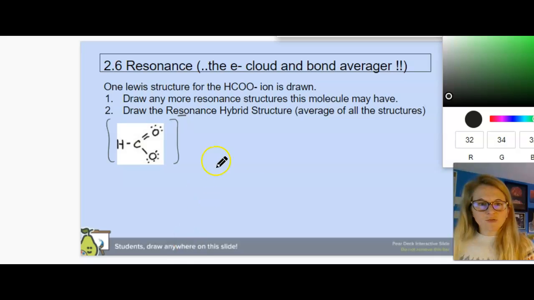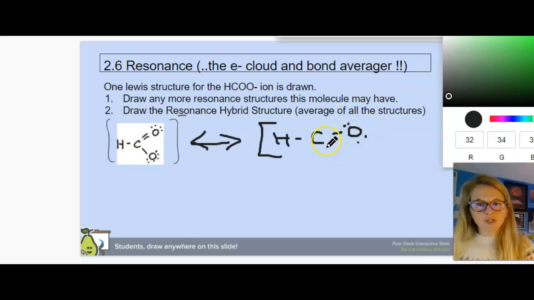When we go to draw this structure, if we're drawing resonance structures, we're going to do this. And now this oxygen up here is going to have the single bond, and this oxygen down here is going to have the double bond.